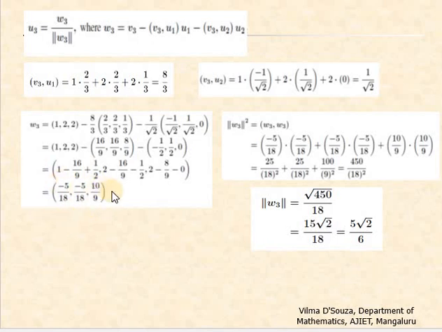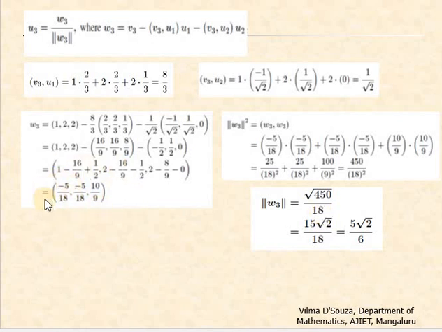So that is square root of 25 plus 25, that is 50, plus 20 square, that is 400. So 450. Square root of 450 divided by square root of 18 square. Square root of 18 square is 18. So root 450 by 18.